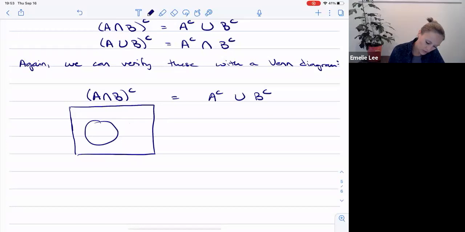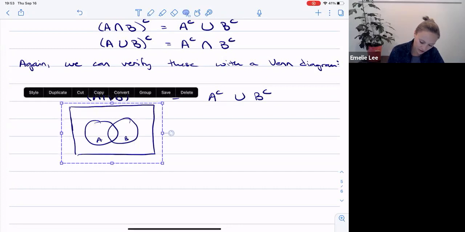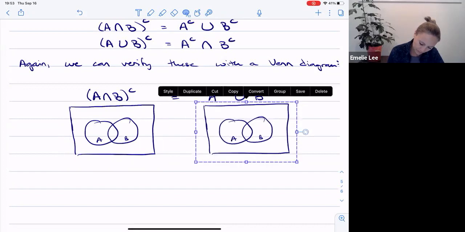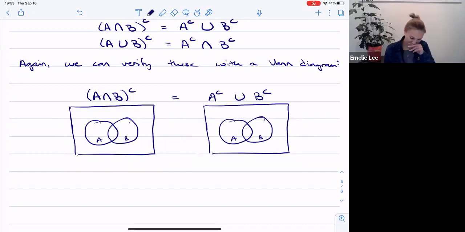So I only have two sets in this case, A and B. And again, I'm just going to cheat a little bit and copy it over here. So what we want to do is find the set A and B and then take the complement of that.